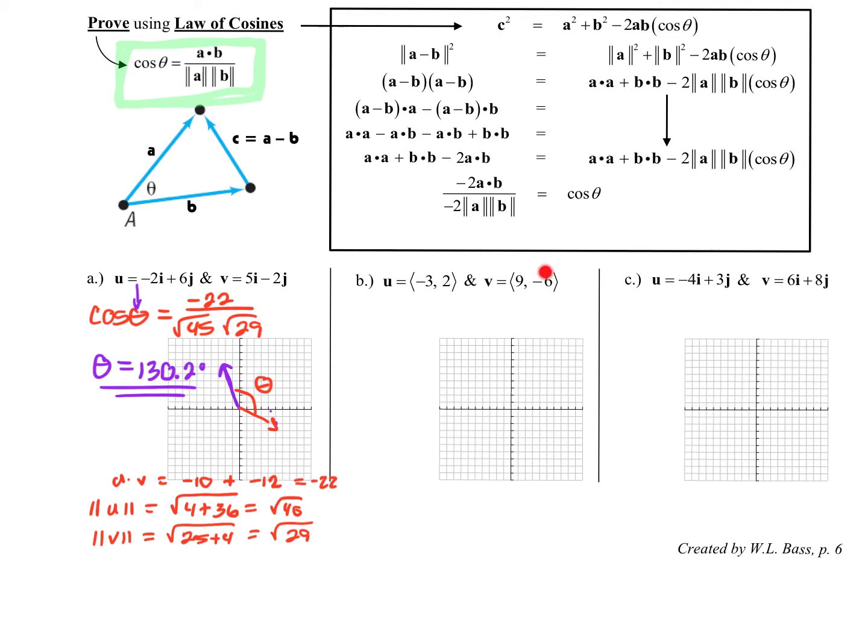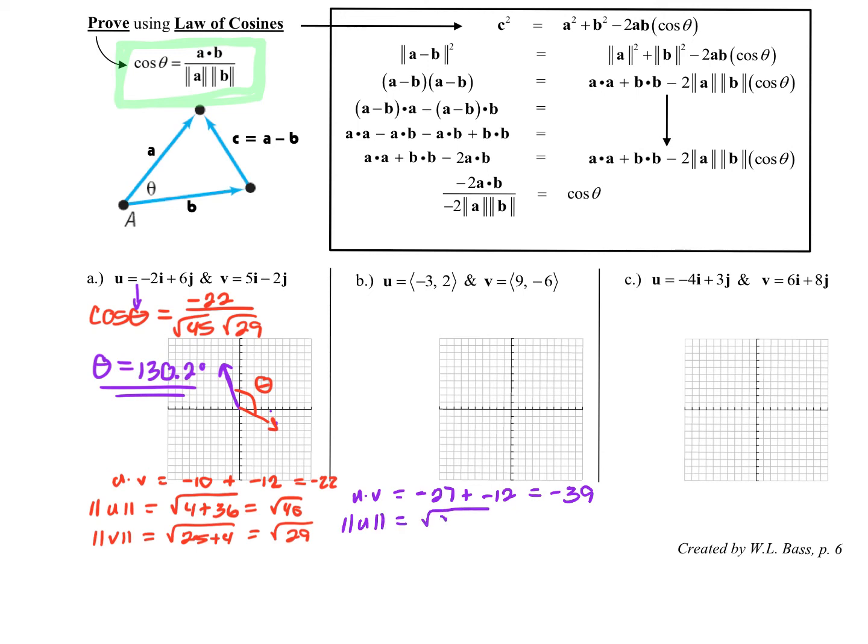Now, let's come over here. We're going to repeat the process. We're going to find our dot product, so we're going to find u dot v. u dot v is going to be a negative 27 plus a negative 12, which is a negative 39. We're going to find the magnitude of u.